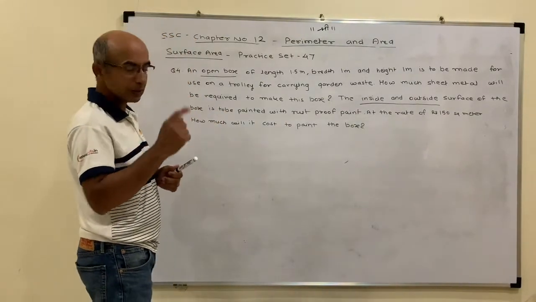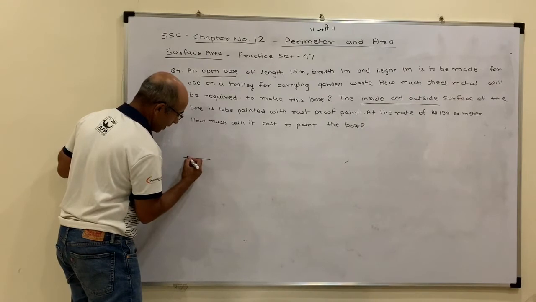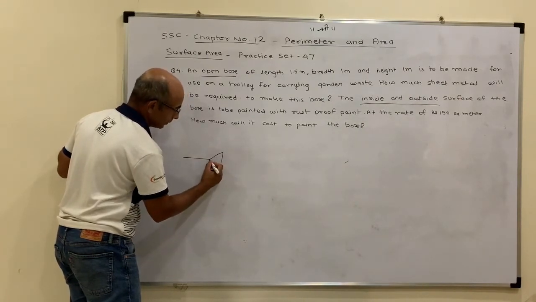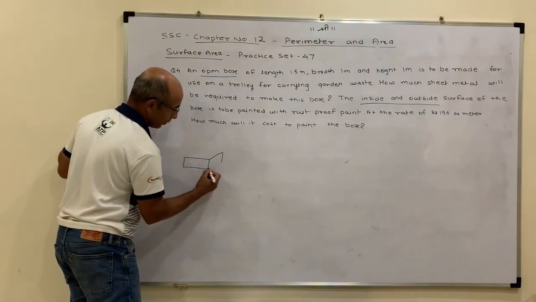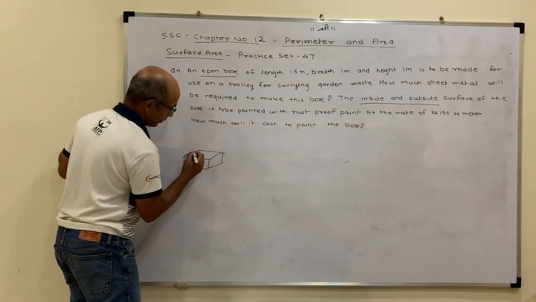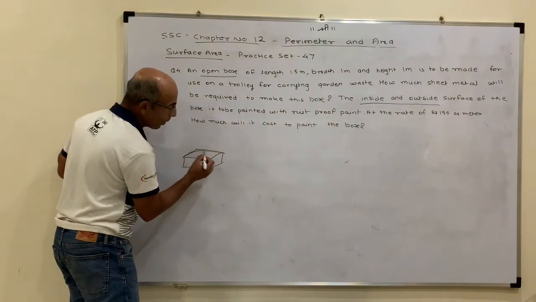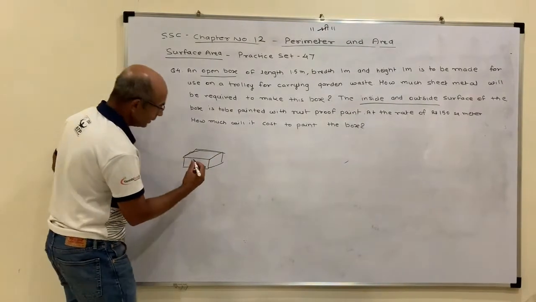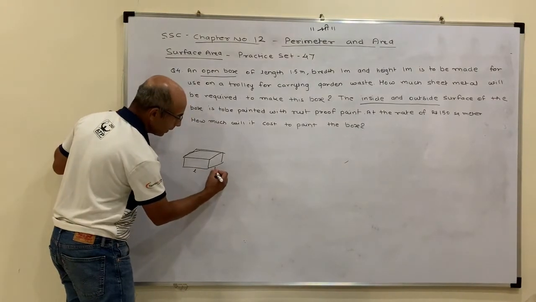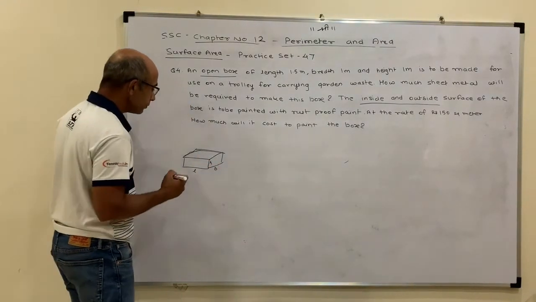So now first step is to find, see, this will be my box look alike. But this top is open. So my length, this is my length, this is my breadth, and this is my height.